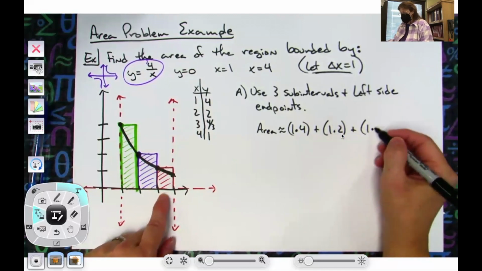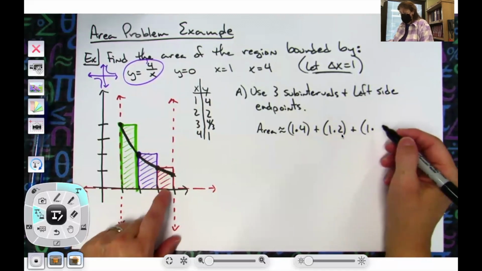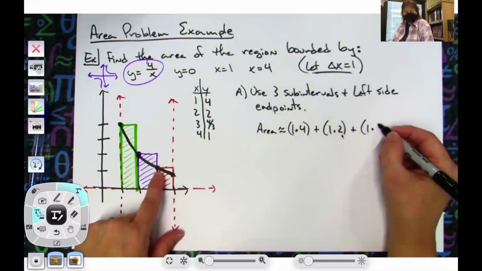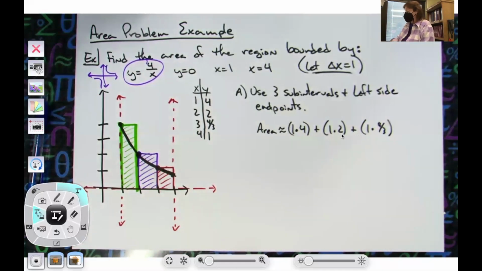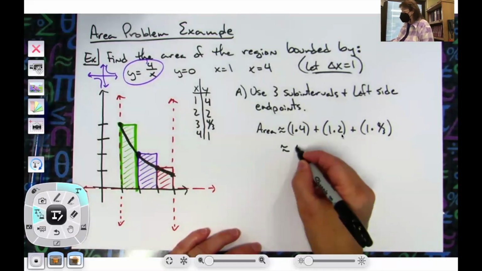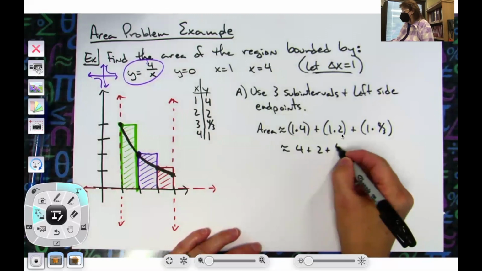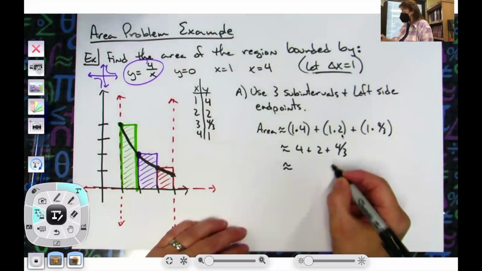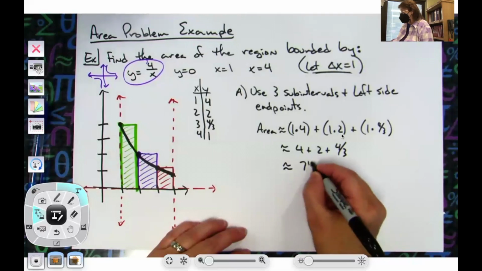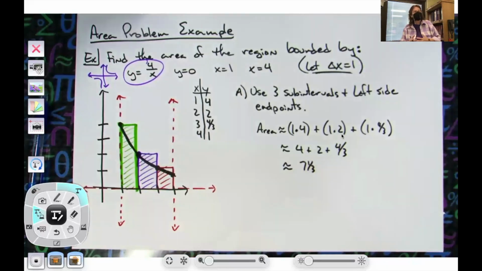And then it has a height of, what's that one? That's 4/3. Multiplying times 1 wasn't too bad there. So what's this going to be? 4 plus 2 plus 4/3, which is going to give me about 7 1/3.